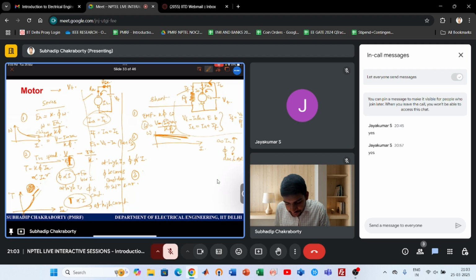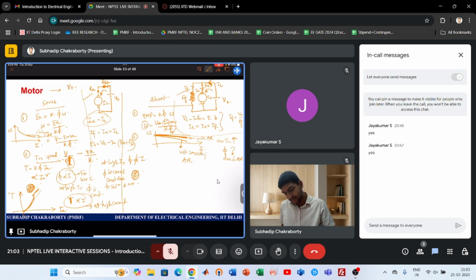So if this is without considering armature reaction, then this is with considering armature reaction. Slightly upward, the slope became less steep. Hope you get my point.